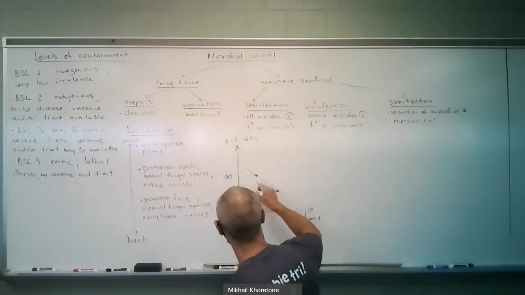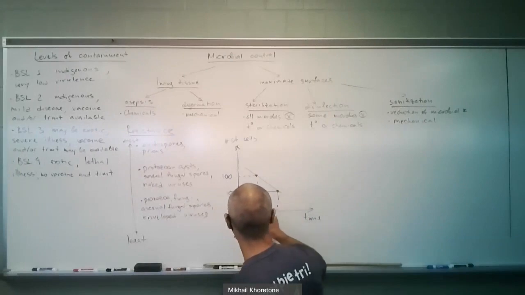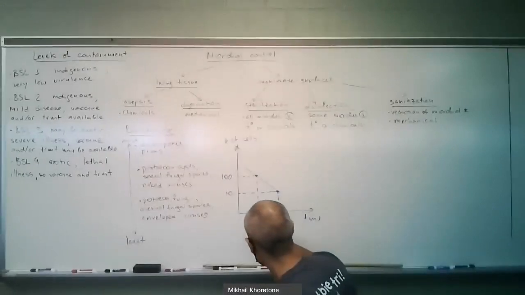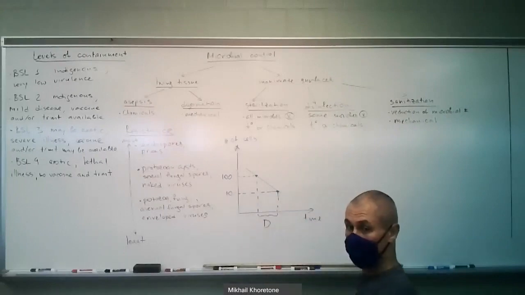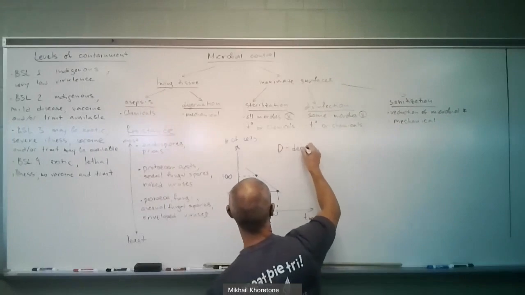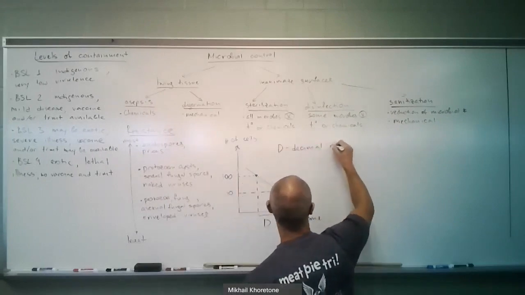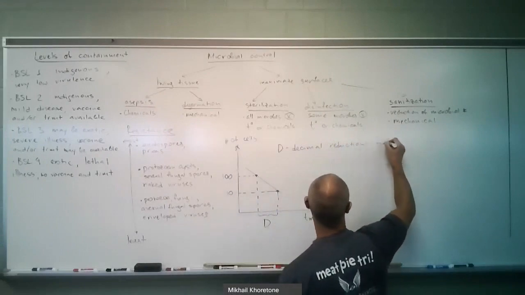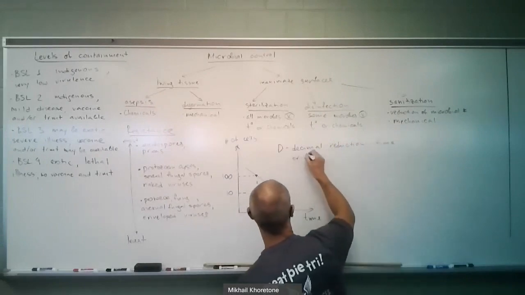Now look at the time. You see that time? I'm going to call it D. D is called decimal reduction time, or D value.